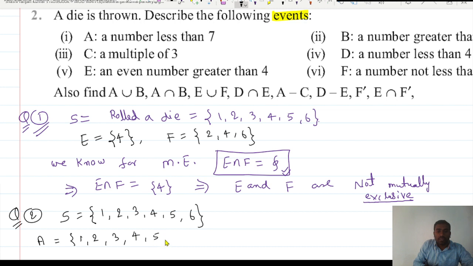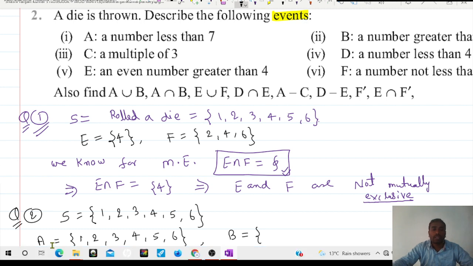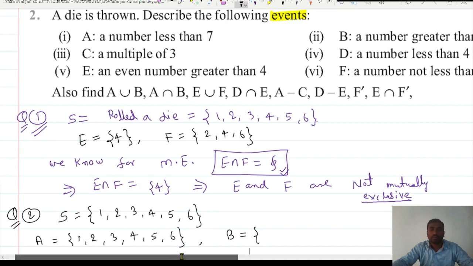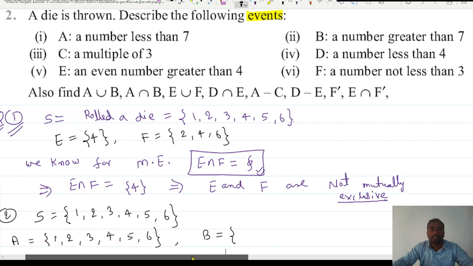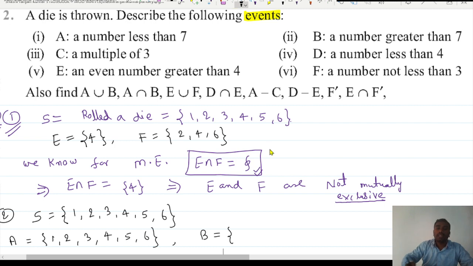So A is 1, 2, 3, 4, 5, 6. Now event B is a number greater than 7.